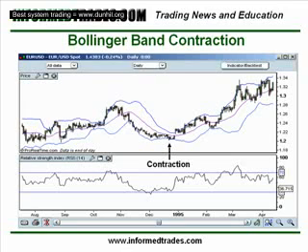So you can see here we have a contraction in the Bollinger Band there. And then we have a break above the top Bollinger Band, meaning that the buyers have won out in this situation, and we have a nice run up after that.